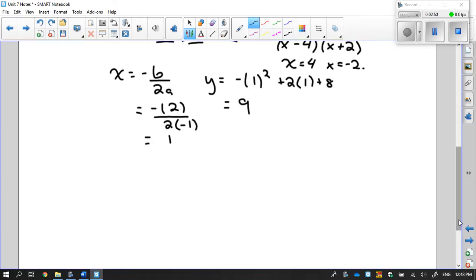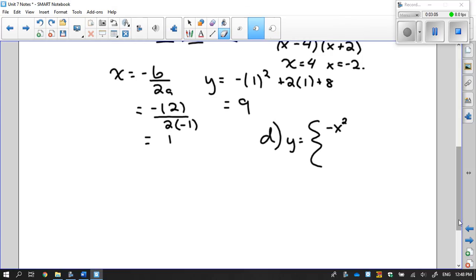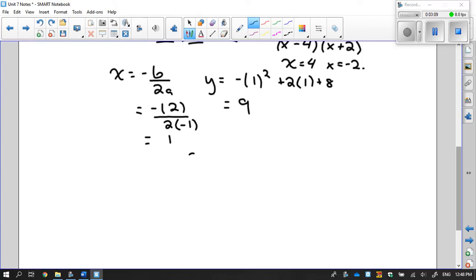And so let's look at our piecewise function. So y is equal to, we have our negative x squared. I'm not going to have nearly enough room. Let's move this. So y is equal to negative x squared plus 2x plus 8 if.